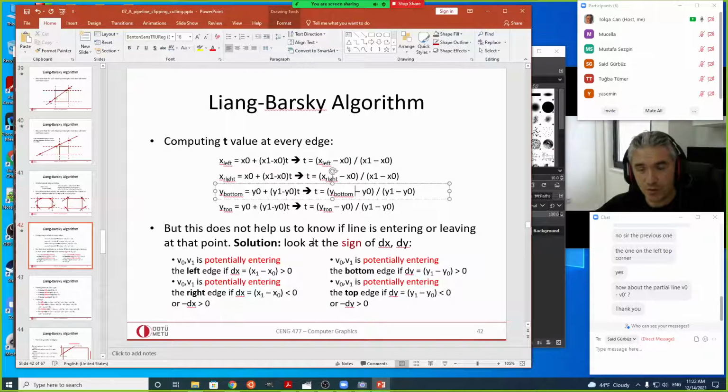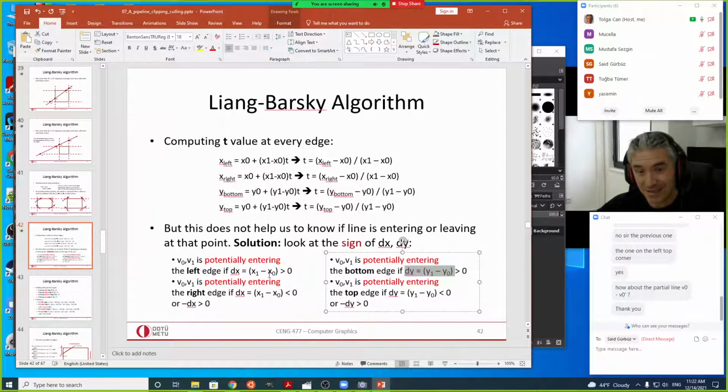In order to do the potentially entering and leaving labels, we look at x1 minus x0. Instead of comparing x1 and x0 and saying that if x1 is larger than x0 or vice versa, we just compute these dx values, the difference between the second endpoint and the first endpoint in the x coordinate and in the y coordinate.